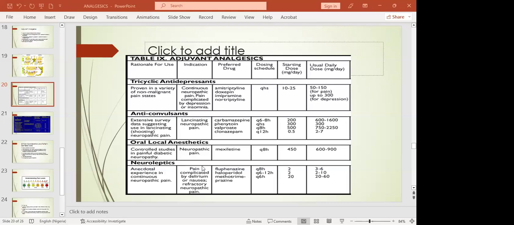So examples of such drugs are fluphenazine, haloperidol, methotrimeprazine. Now, the two you will find there are fluphenazine and haloperidol. Fluphenazine many times comes as an injection. Haloperidol is one pink tiny tablet.